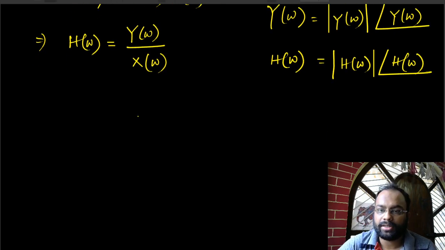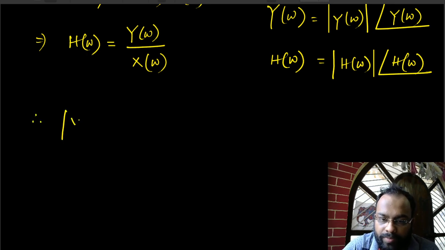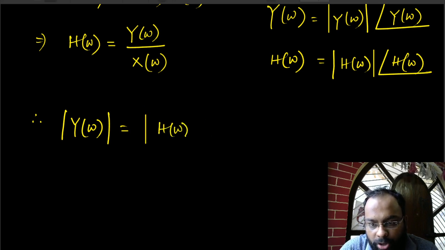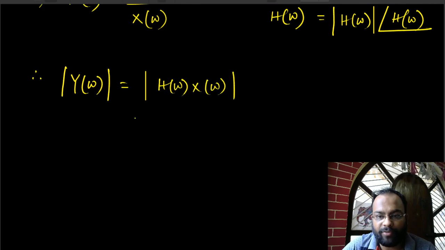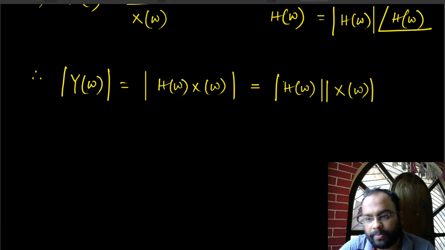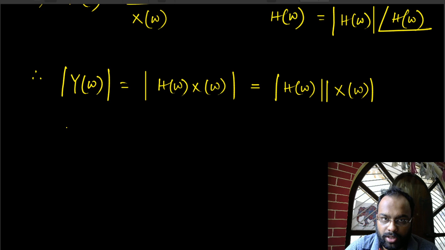With that said, what is the output then? What is the mod of the output? The mod of the output is going to be the mod of H(ω)X(ω). From the concept of complex numbers, we know this can be written as the mod of H(ω) and the mod of X(ω) individually. Got it?